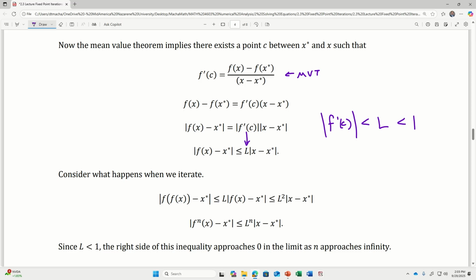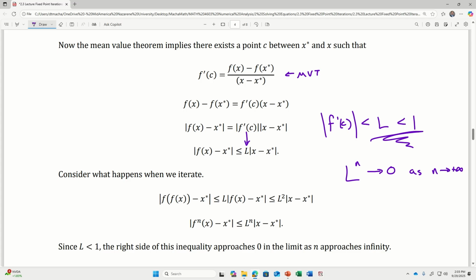And since that capital L is less than 1, L to the n power is going to approach 0 as n approaches infinity.